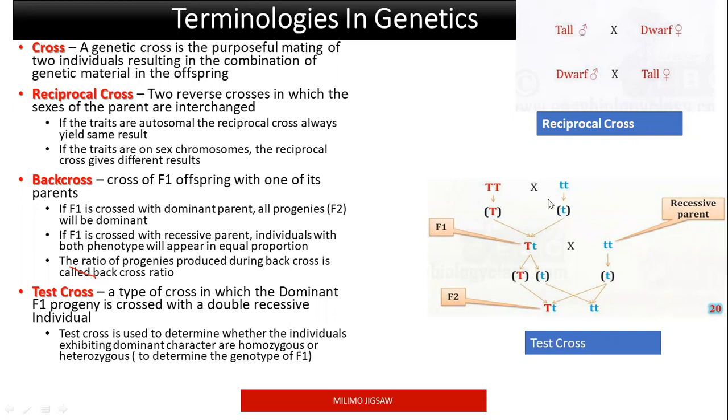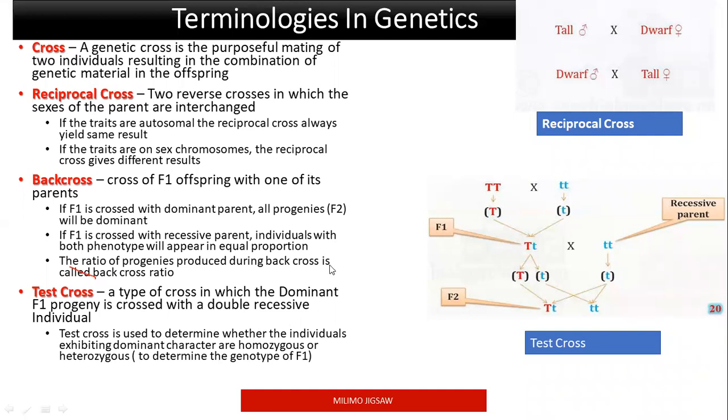Remember, we have the recessive parent here, and we have the dominant parent. So we have homozygous dominant and homozygous recessive. So in a test cross, we do a back cross where the F1 generation is crossed with the double recessive parent.